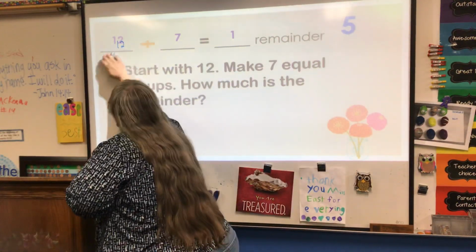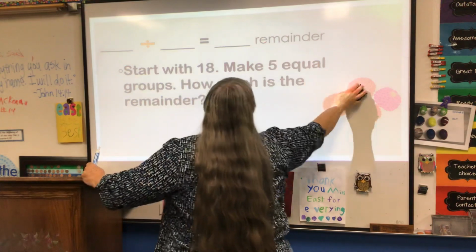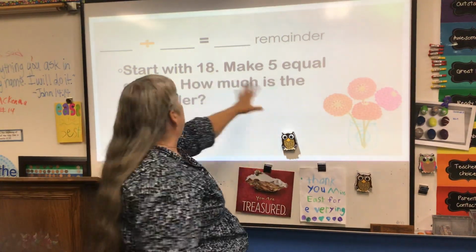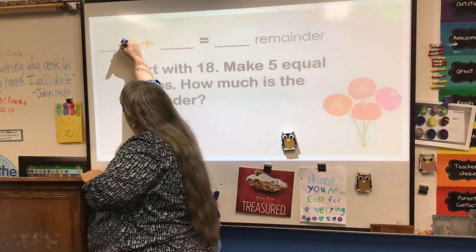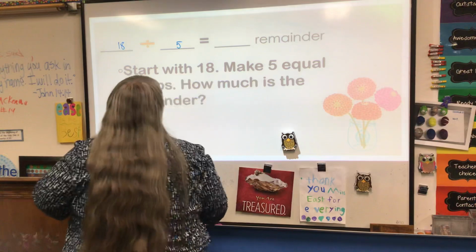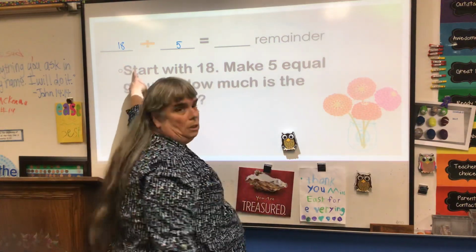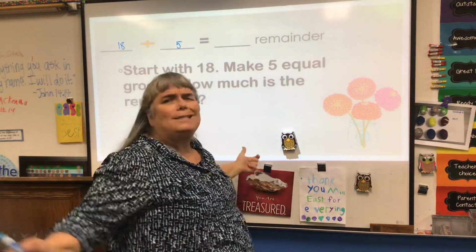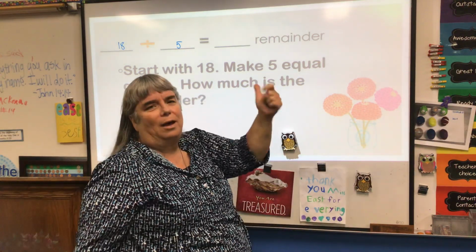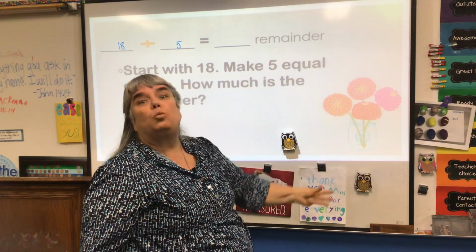Okay, here's another one. Last one, I think, like this. We're going to start with 18, make 5 equal groups. So 18 divided by 5. Let's see, 5 times something comes really close to 18 without going over. Skip counting by 5. They do that in first grade, right? 5, 10, 15, 20.